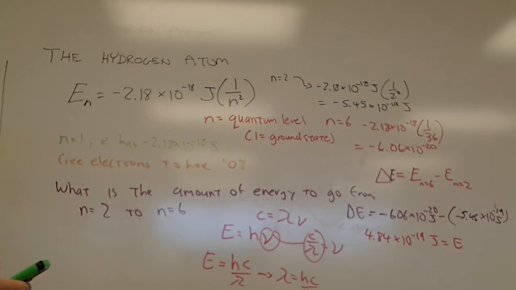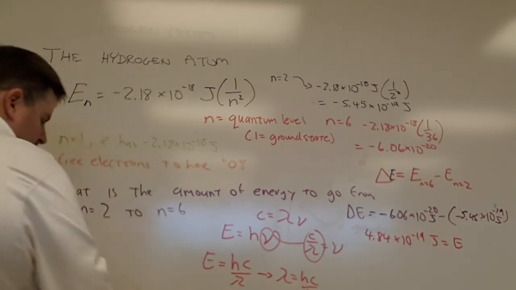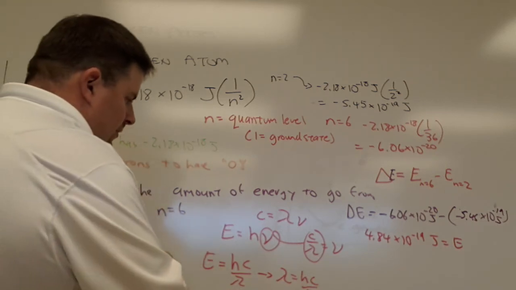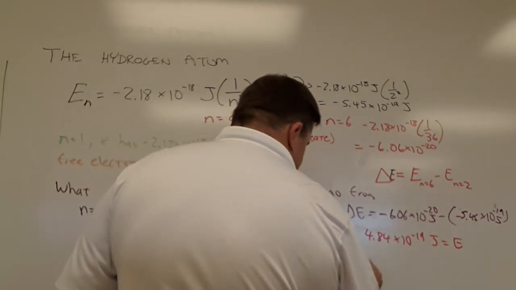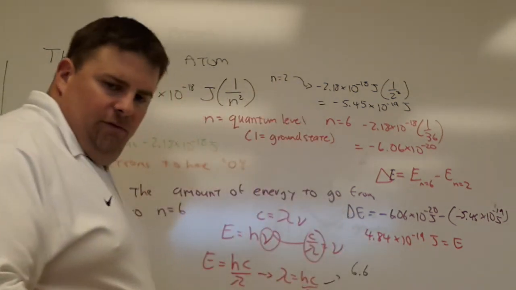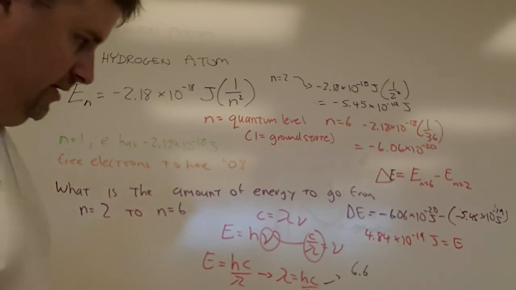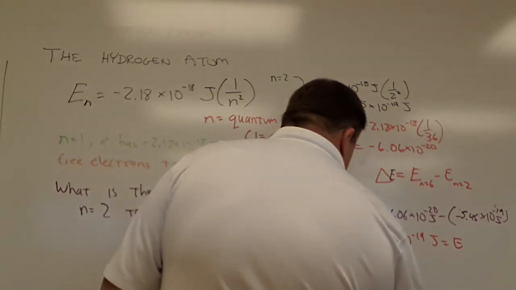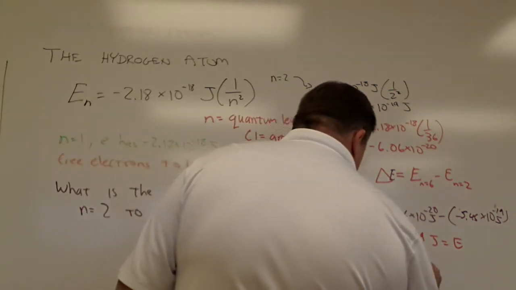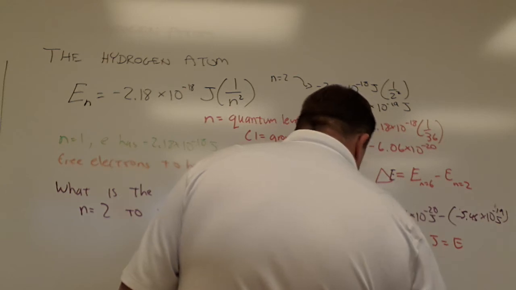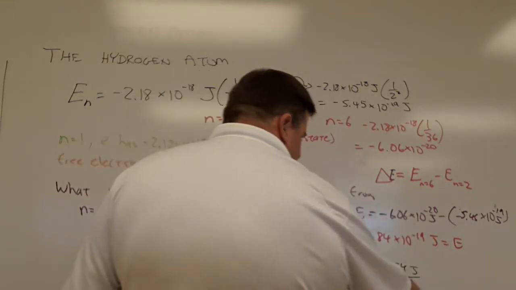Physical constants, Planck's constant, 6.626 times 10 to the 34th joules per second. So this term becomes 6.626 times 10 to the 34th. That's joules over seconds.